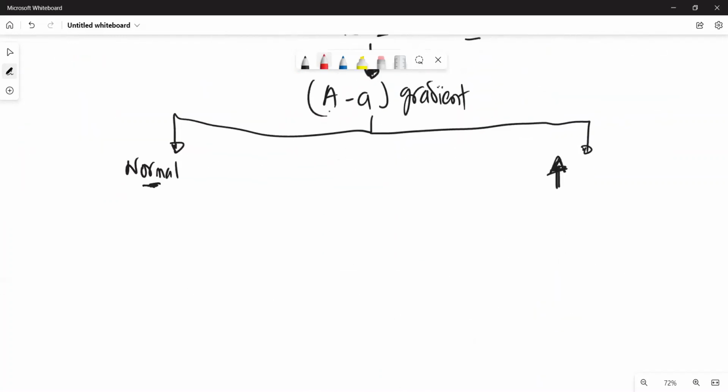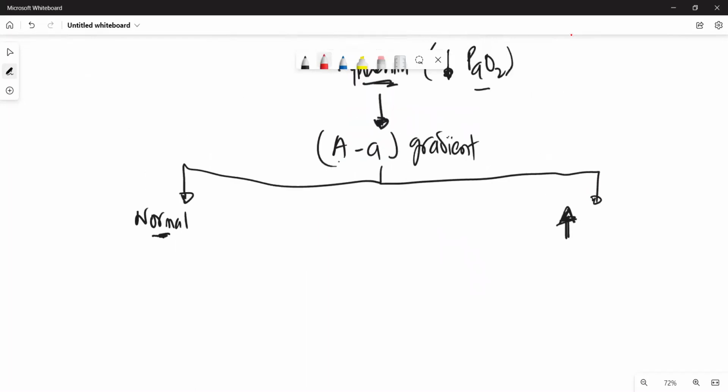So going back to our diagram here, number one is going to be hypoventilation, which basically means an increase in PaCO2. And the causes of this hypoventilation will probably be a decrease in respiratory drive.